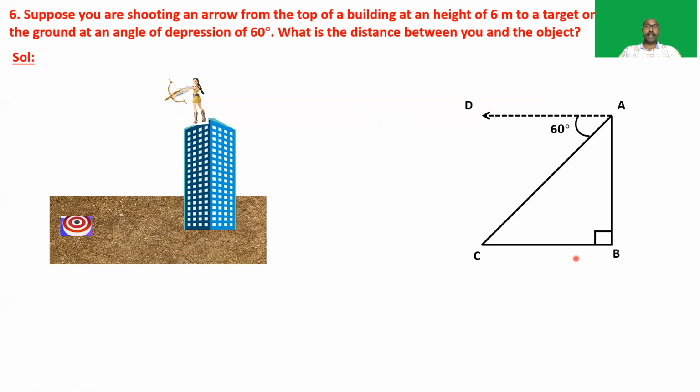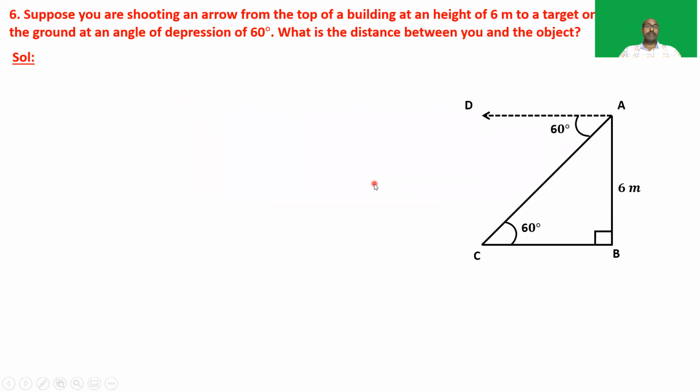AD is the horizontal line. So here angle C is equal to 60 degrees, because as AD is parallel to BC, alternate angles are equal, so angle ACB is also 60 degrees. Now AB is the height of the building, which is 6 meters.